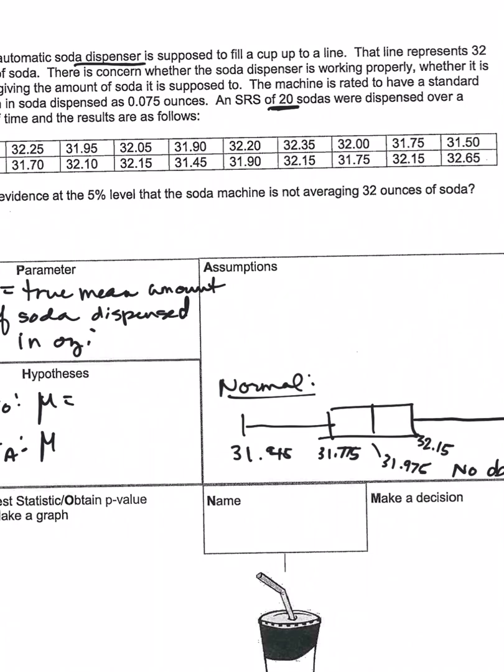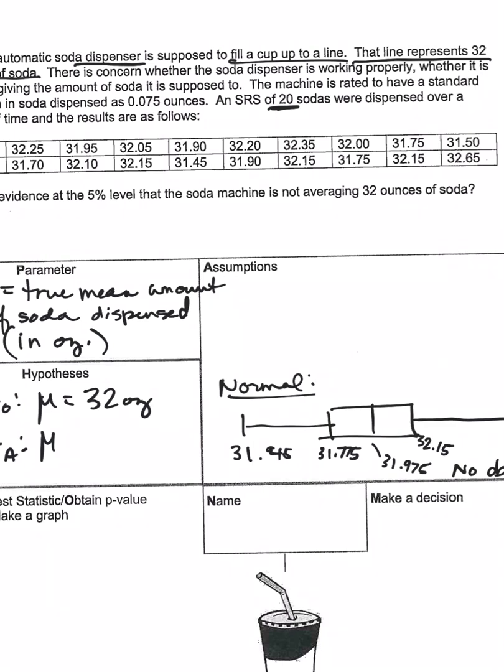In ounces, right? Okay, so what do they think the true mean is? 32. Yep. See, that line represents 32 ounces. Fill a cup to a line. So 32 ounces. There is concern whether the soda dispenser is working properly.